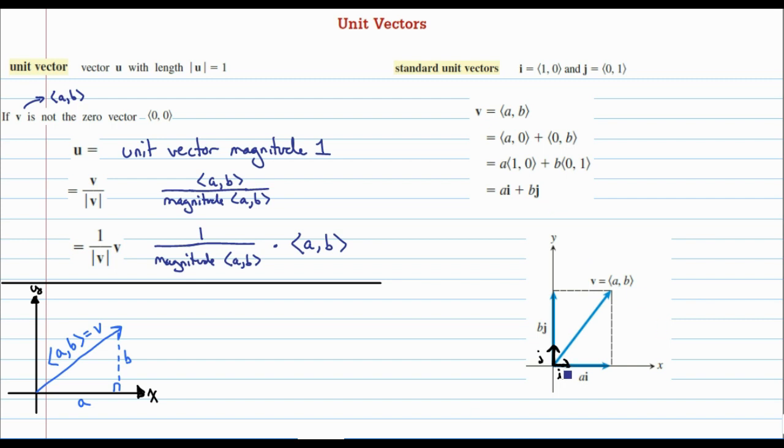Visually, the horizontal vector i of magnitude 1 gets multiplied by a, the horizontal piece of vector v, and then the vertical vector j of magnitude 1 gets multiplied by b, the vertical piece of the vector v. Their sum is going to equal the vector v, which is a comma b. And algebraically you can see what's happening here.